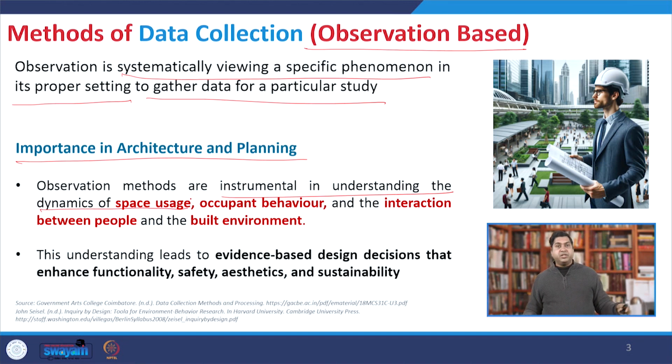As I already mentioned, you can observe how people move in a shopping mall, what functions they follow, what activities they are doing, and their relationship with the space, whether they require a huge amount of space for a certain activity, or where they need a certain kind of transitional space and don't need that huge space. For that kind of space optimization, as a designer you can also use observation surveys.